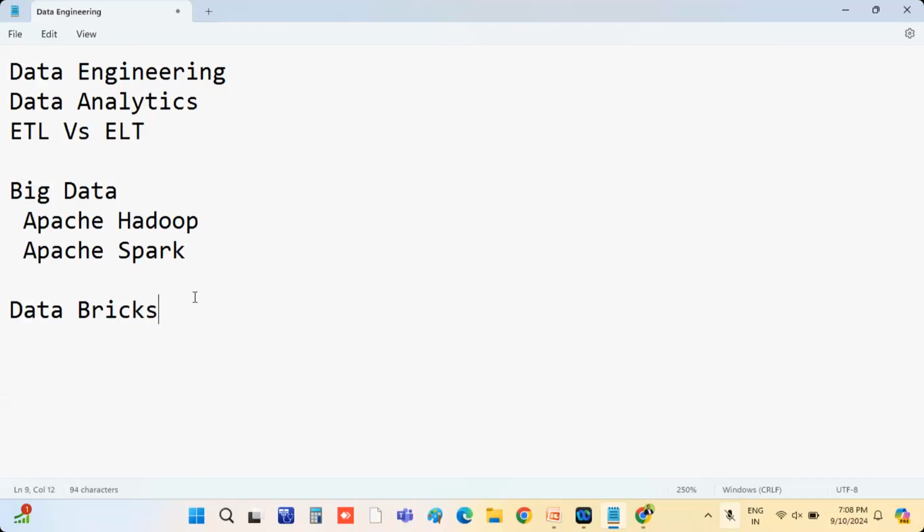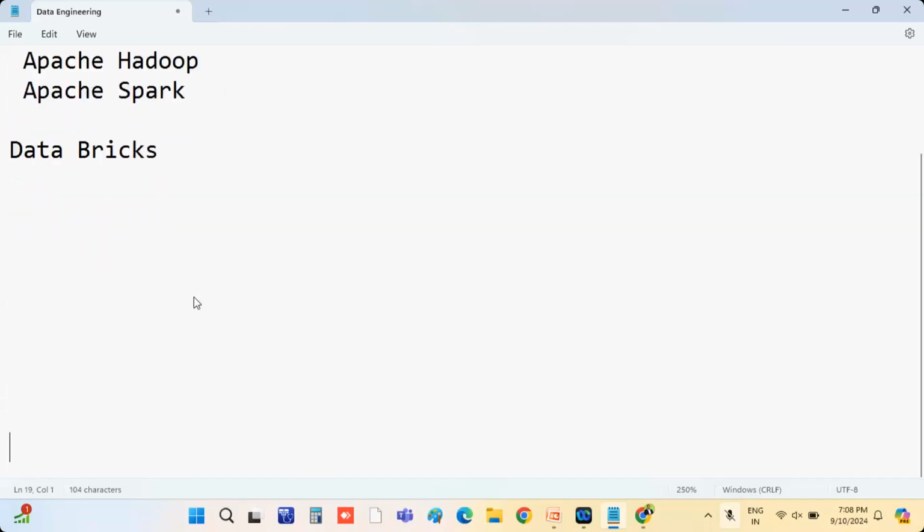So if you wanted to analyze the data, or perform data analytics or a data engineering activity, you need to have the data, right? But the question is, what is the size of the data that you have?